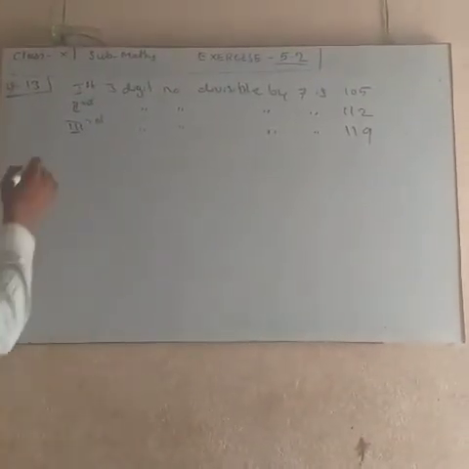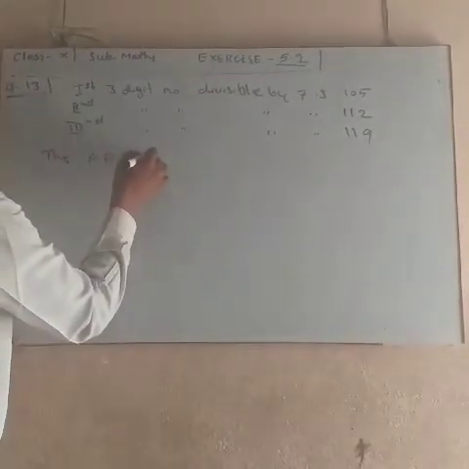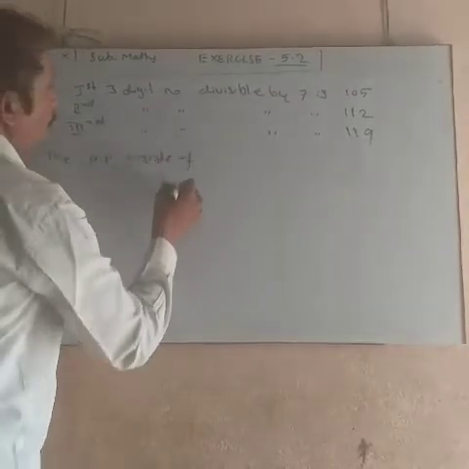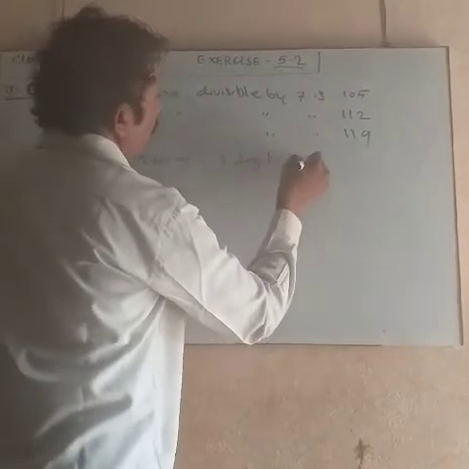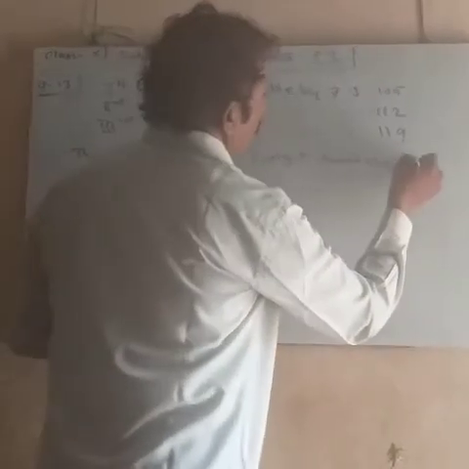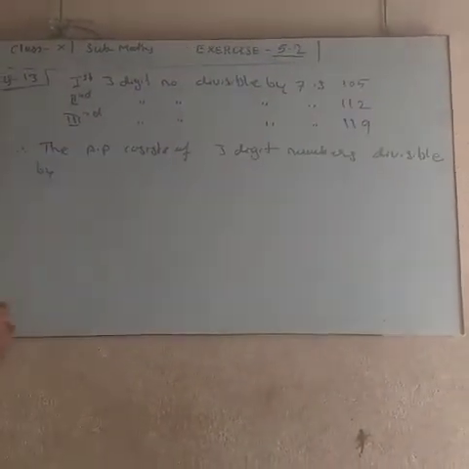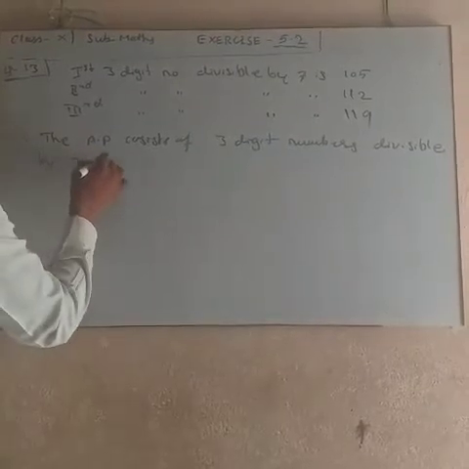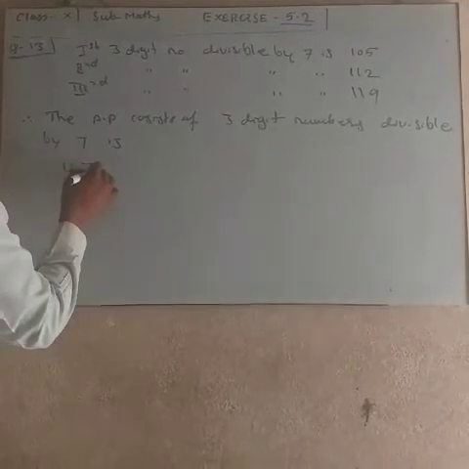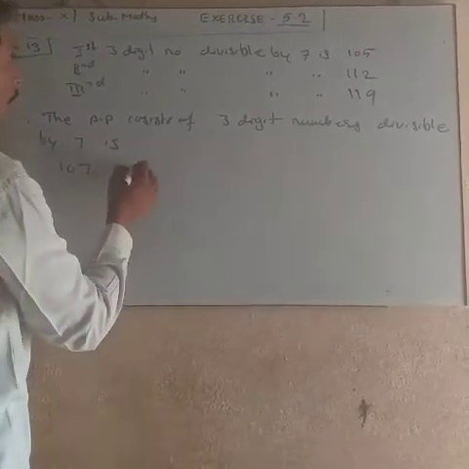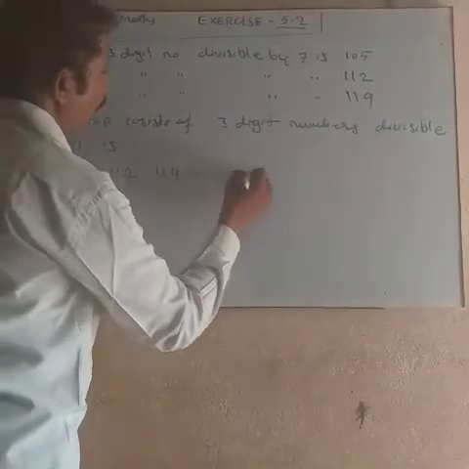Therefore, the AP consisting of 3-digit numbers divisible by 7 is: first number 105, second number 112, third 119, like this.